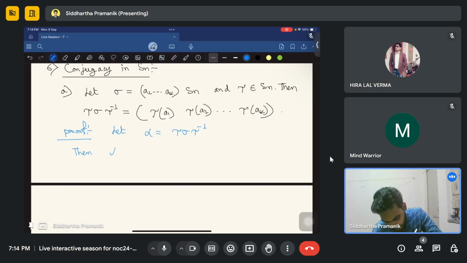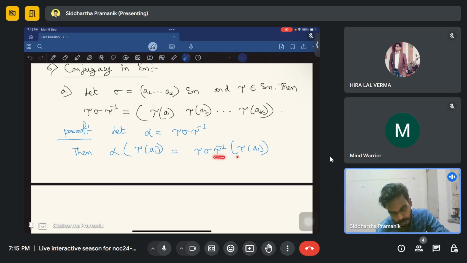So alpha of tau a1: this is tau sigma tau inverse of tau of a1. Now tau inverse and tau give the identity, so this is tau sigma a1. Now under sigma, a1 goes to a2, so this is tau of a2.